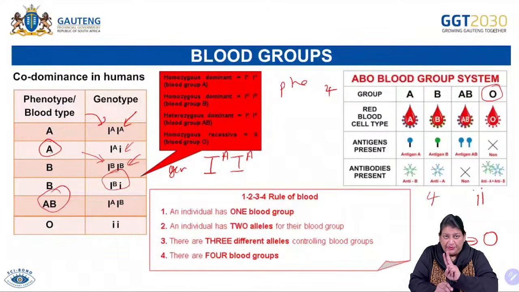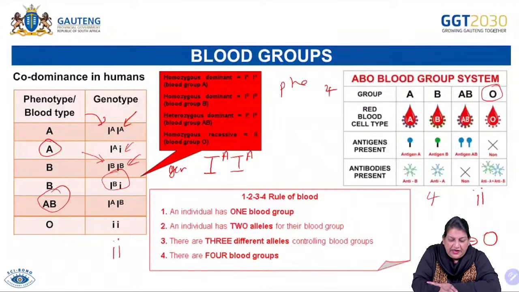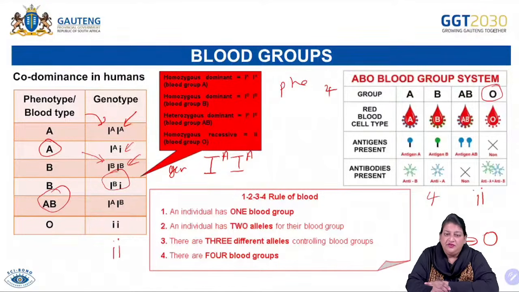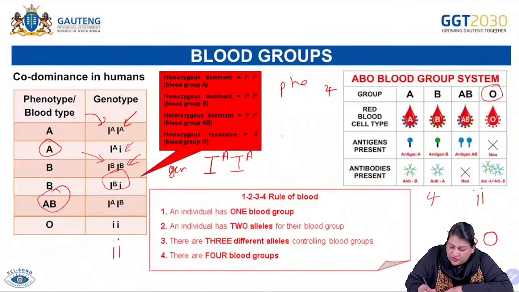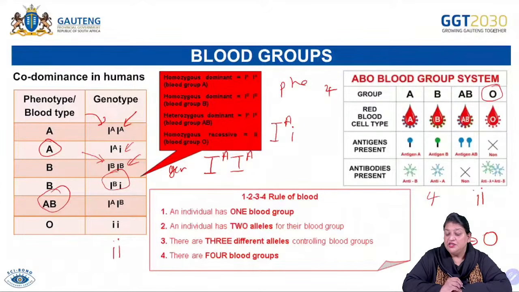So for you to be blood group O, you must have two small letter o alleles, okay? That means this person has got one O allele from one parent and one O allele from the other parent. And how can we do that? You can see I can put that parent there as blood group A. He mates with the person who is blood group B. But for him to be blood group O, he had to get what?